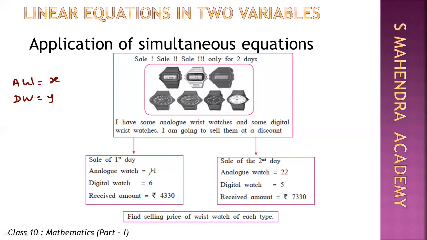So here at day one, the total amount received by sale of analog watch will be 11 into X, and the total amount received by sale of digital watch will be 6 into y, and the total amount received will be the addition of the sale of these two items. So the equation number 1 will become 11x plus 6y is equal to 4330.